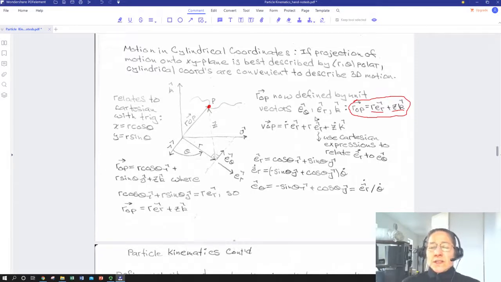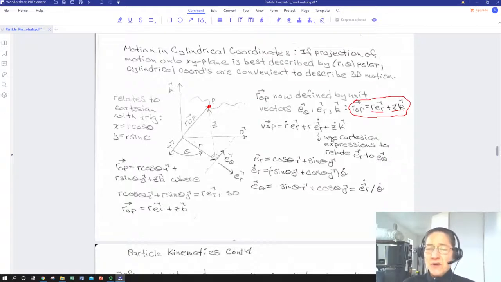So we're going to need to find a way to express the time derivative of the r hat vector. Can we write a general expression for it, and can we relate it to the theta hat unit vector, and see if there's some general relationship between them that we can leverage going forward in trying to describe motion with cylindrical coordinates, which is really handy in a lot of cases?